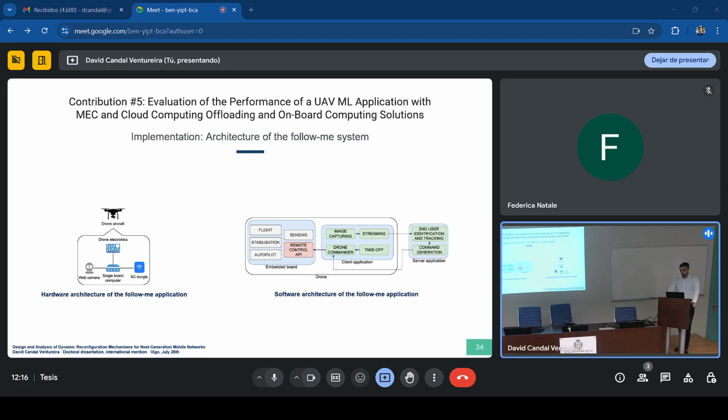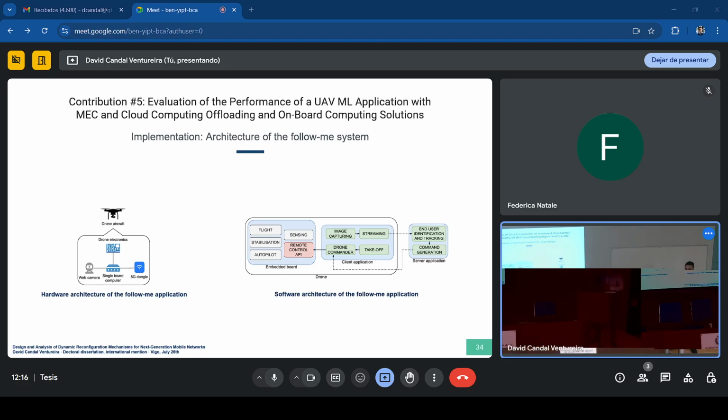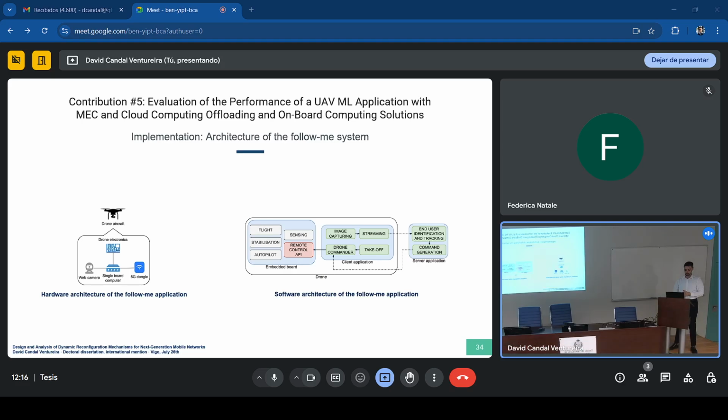And in onboard computing, the Raspberry Pi was replaced with the appropriate low power consumption board. And for this, we used 3 boards: 2 NVIDIA Jetson boards, the Jetson Nano and the Jetson Xavier NX, and for the third setup, we used a Raspberry Pi with an Intel NCS 2.